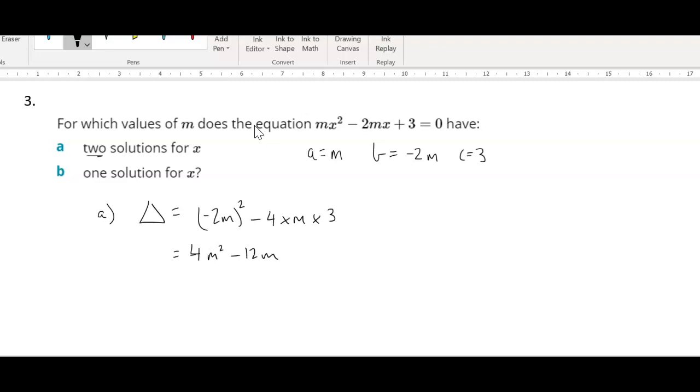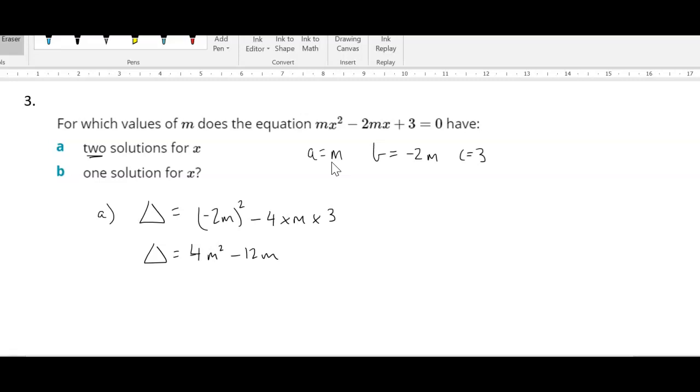Now, if we've got two solutions, that means that your discriminant 4m squared minus 12m has to be greater than 0. Oops, sorry. I did have to delete a bit and I just realized that I deleted something I just spoke about.